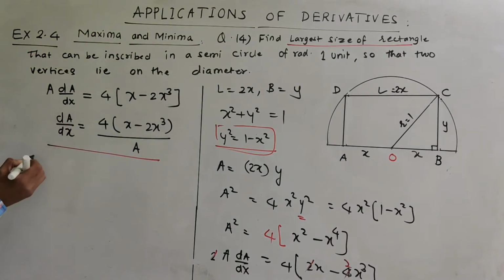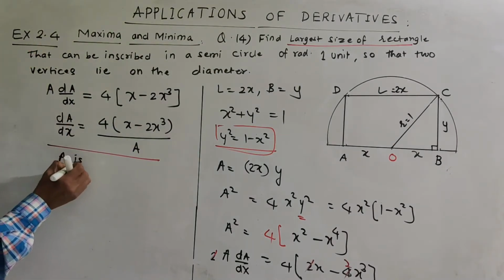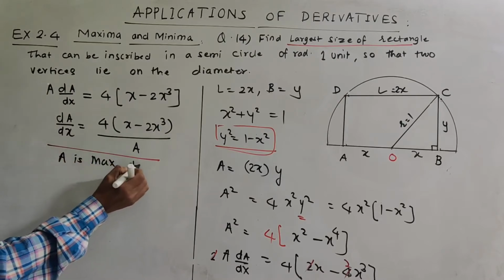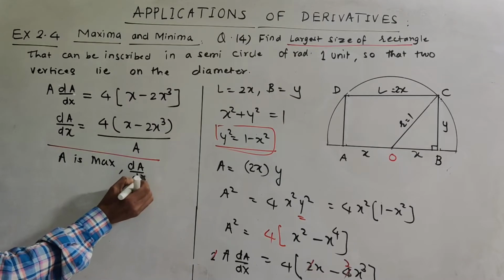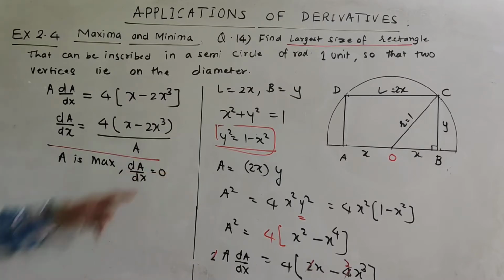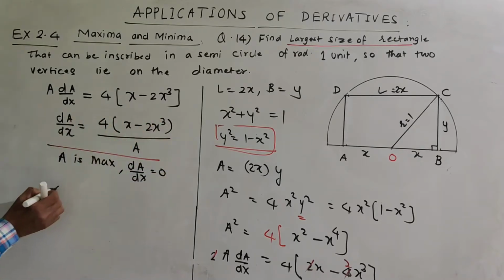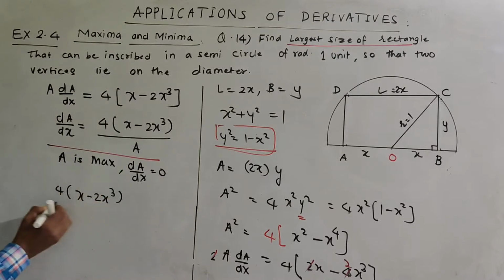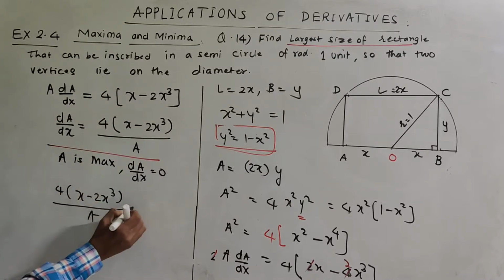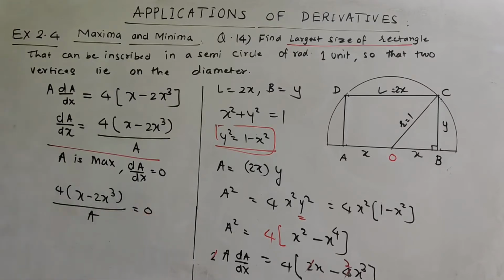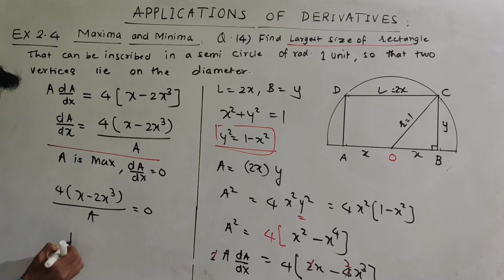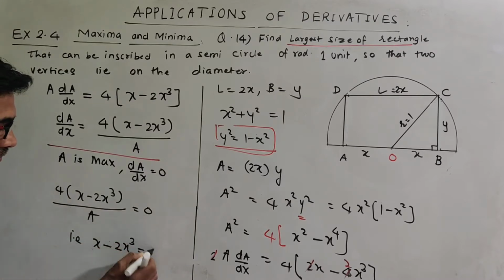So area is maximum, and dA by dx is equal to 0. That means this part is equal to 0. 4x minus 2x cube upon A is equal to 0. That means this 4x minus 2x cube is equal to 0.